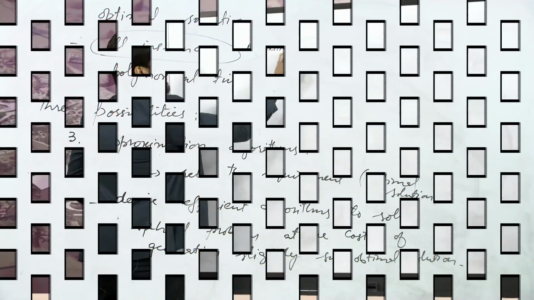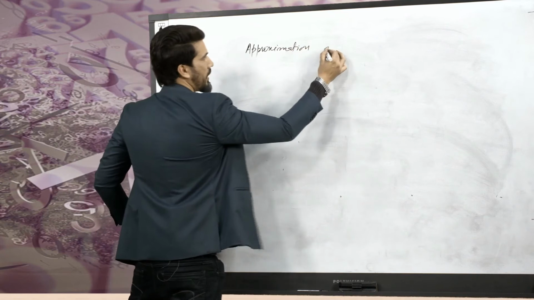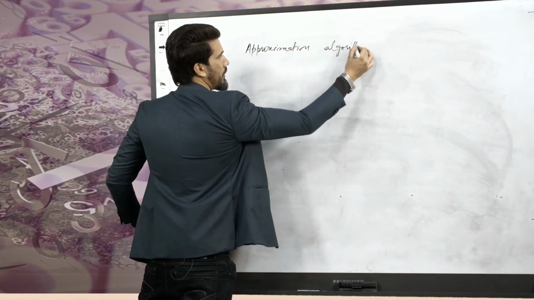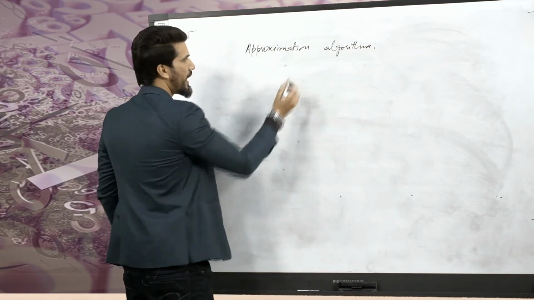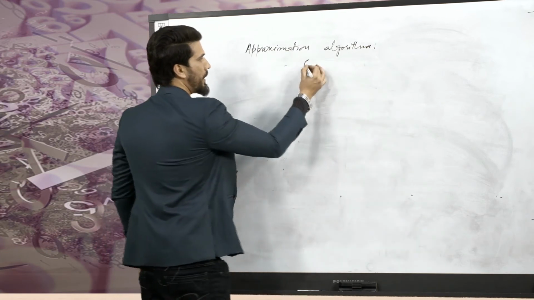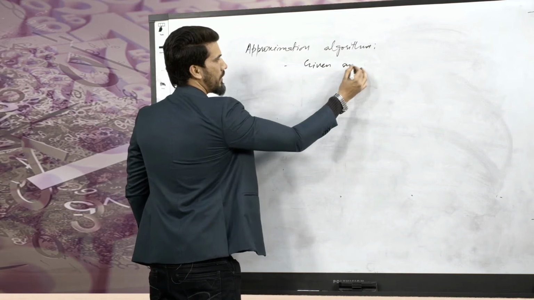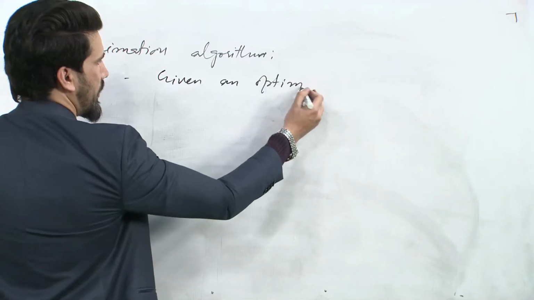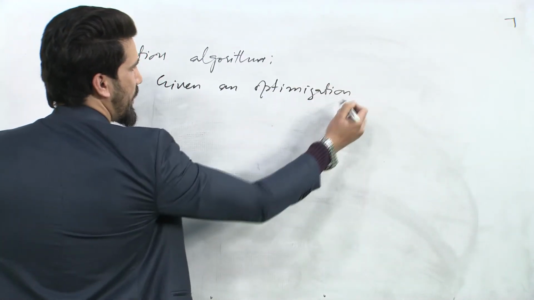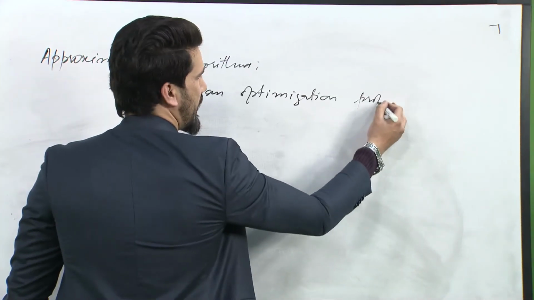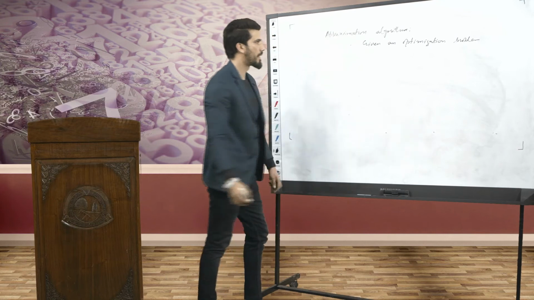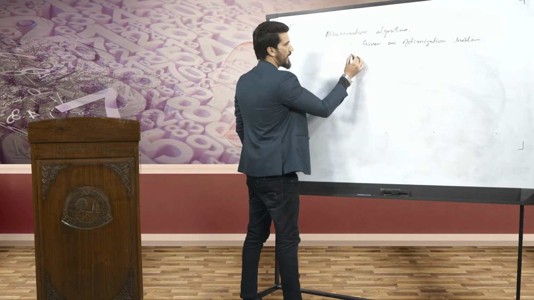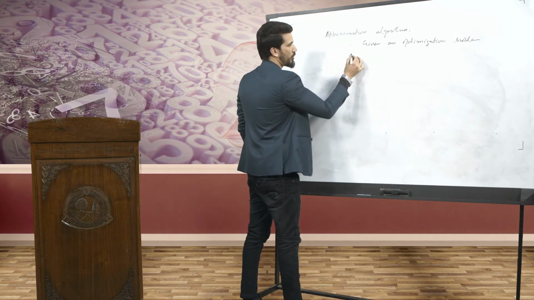Now let's define an approximation algorithm. Given an optimization problem P, A is an algorithm.